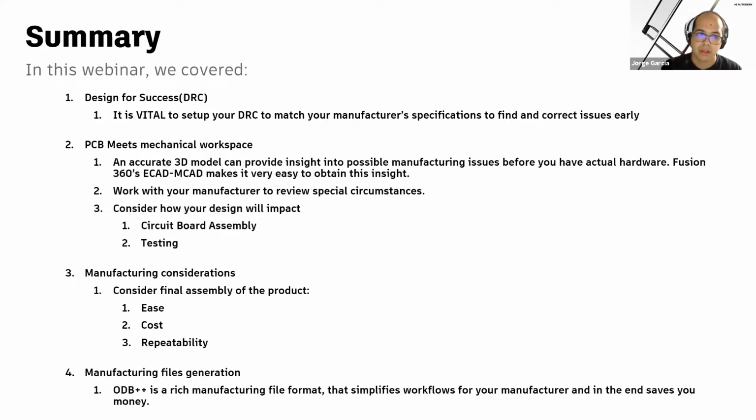As we were able to see, being able to have an accurate 3D model thanks to Fusion 360's E-CAD, MCAD workflow really gives a lot of insight. If it wasn't for that 3D model, Chris probably wouldn't have seen that gap under the transformer and he wouldn't have asked about it. In this case, wouldn't have been an issue, but in others it would be. And you don't find out until that first product.